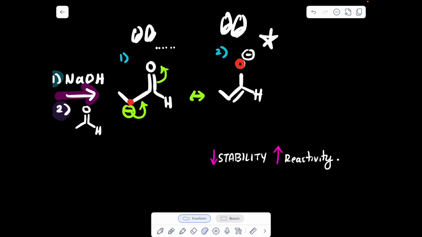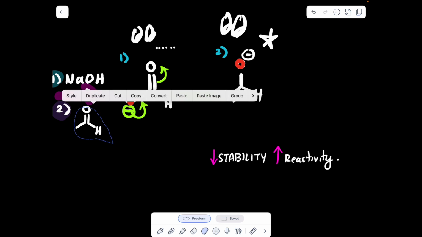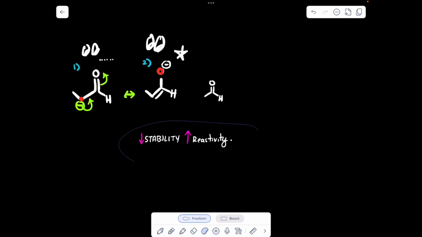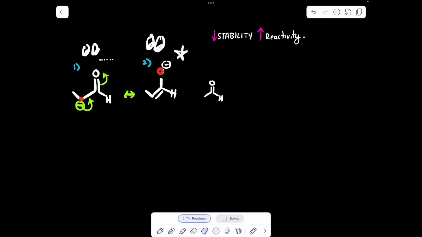So let's say we throw in something that could potentially be electrophilic, right? So we're going to throw in this aldehyde. The question is, which atom reacts? The electrophilic center is going to be the carbonyl carbon on the aldehyde. So let's draw it in purple. This is going to be your delta plus center that is going to be attacked by some nucleophilic atom.